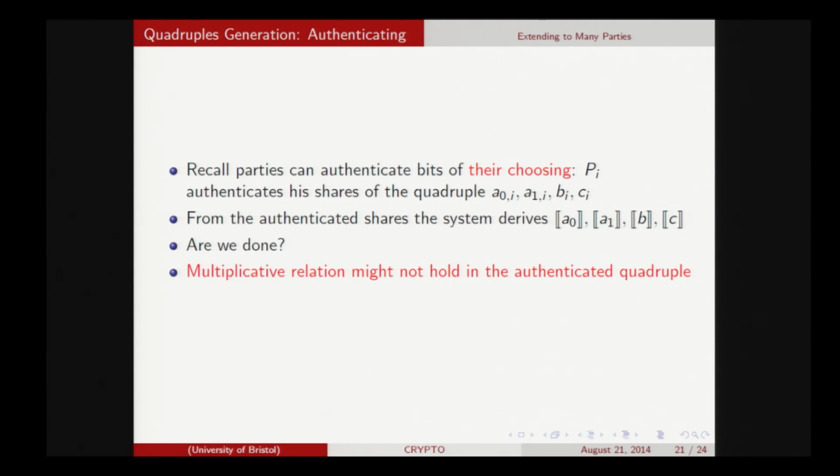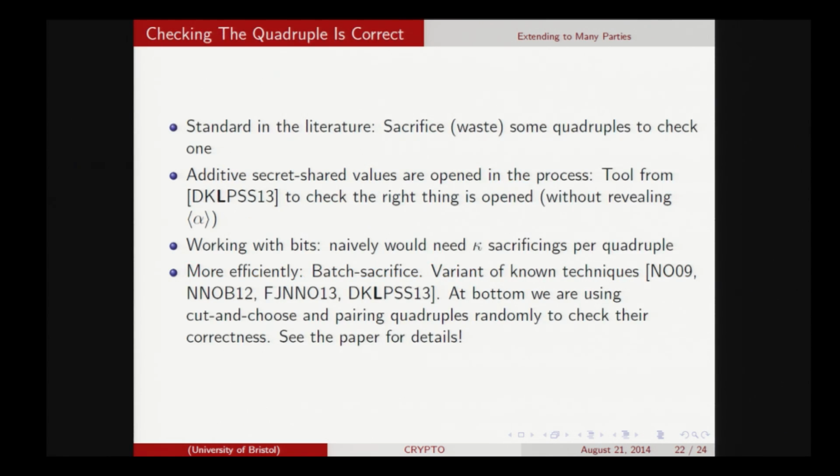So we need to make sure that they really authenticate multiplicative quadruples. And for that, we use, again, standard techniques to check that one quadruple is correct. Sometimes it's called sacrifice, because you use many quadruples to check that one single quadruple is correct.